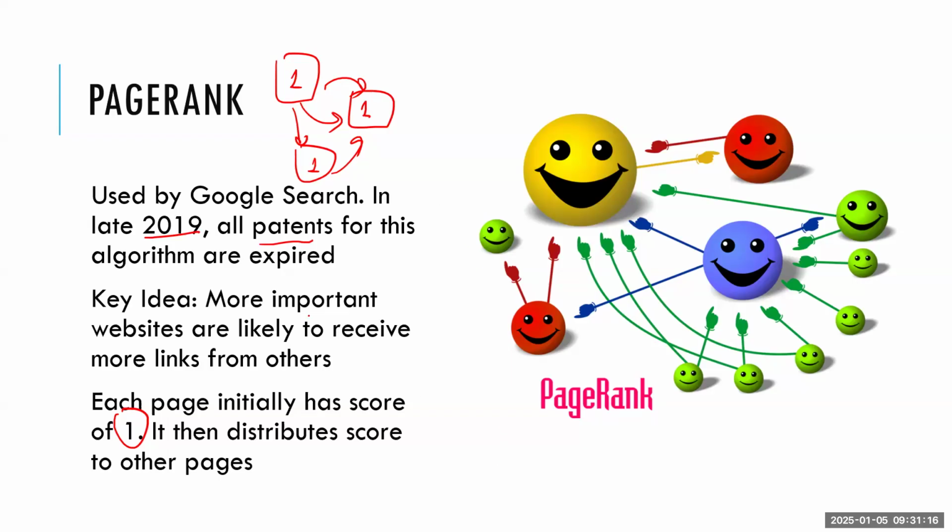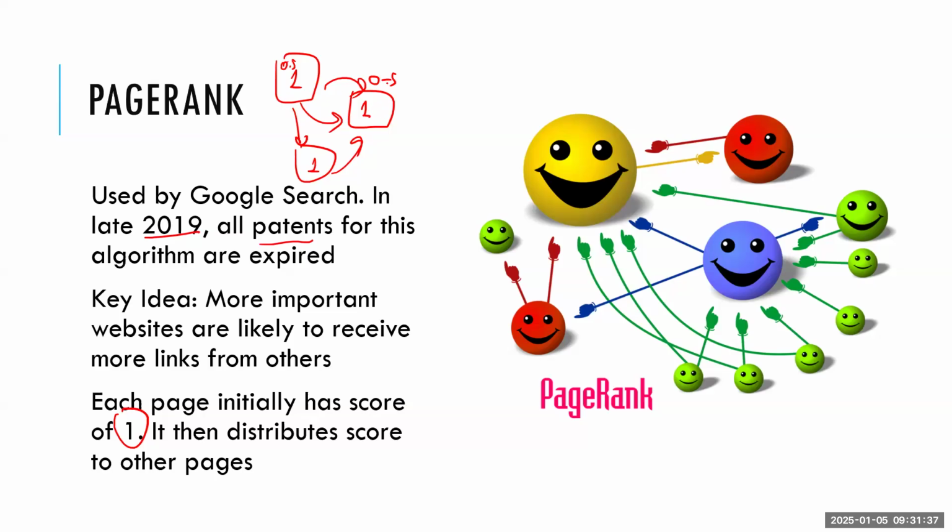In the first iteration, this page points to this page twice, so it splits the score to 0.5 and 0.5. This one doesn't point to anything, so it keeps all the score.